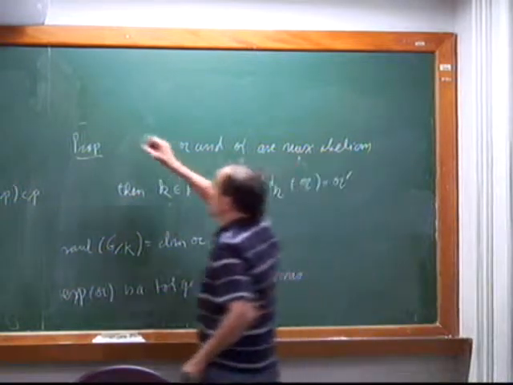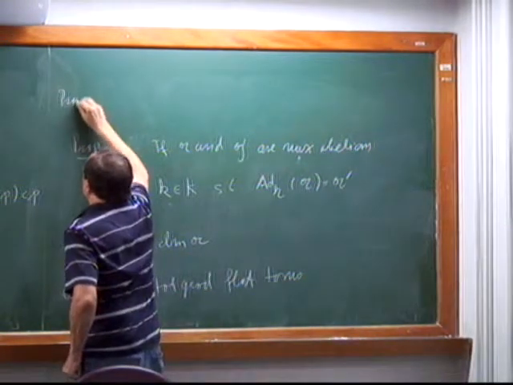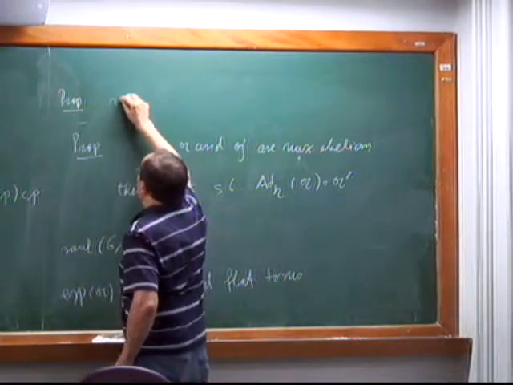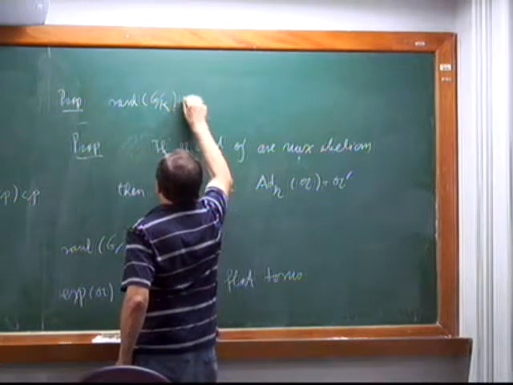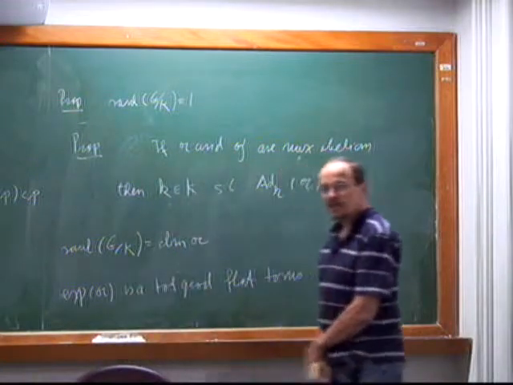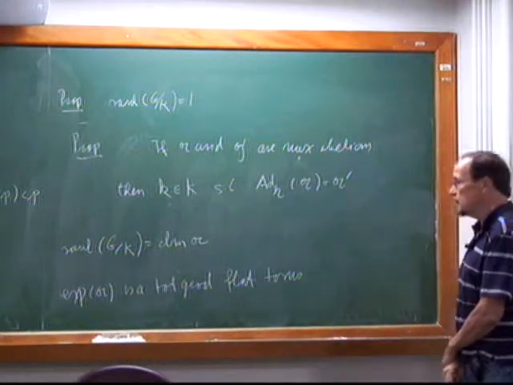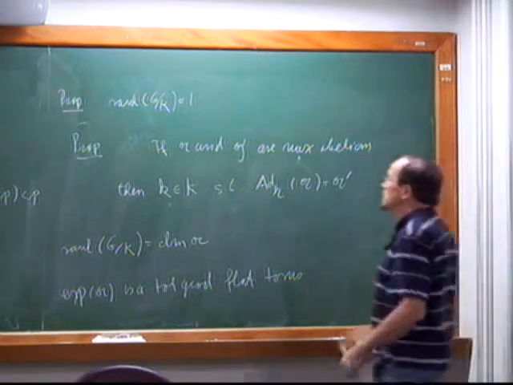Okay. Now the proposition is that if the rank of G mod K is equal to 1, so first possible case, right? What if there's nothing that's two-dimensional? What if one-dimensional is a maximal abelian one?